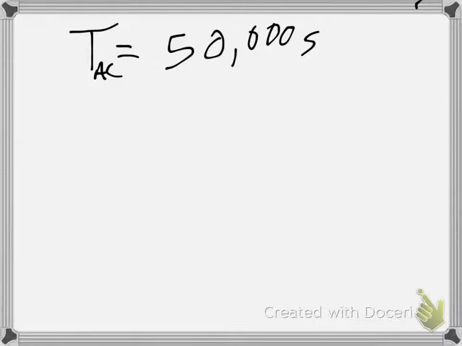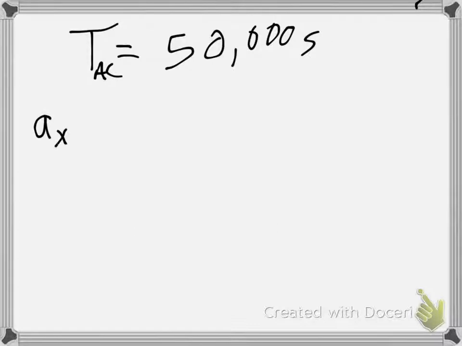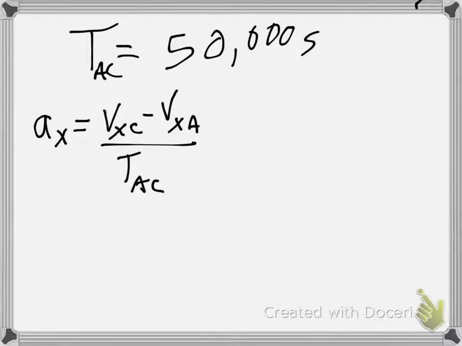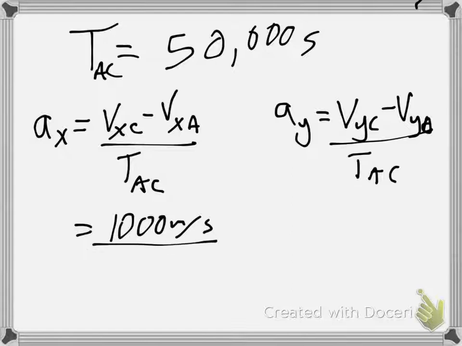All right, so they want us to find Ax and Ay. So Ax is going to be Vx at C minus Vx at A over t from A to C, and then Ay is going to be Vy at C minus Vy at A over t from A to C. Then Vx at C was 500 minus Vx at A, which was negative 500, so that gives us 1,000 meters per second over 50,000 seconds.